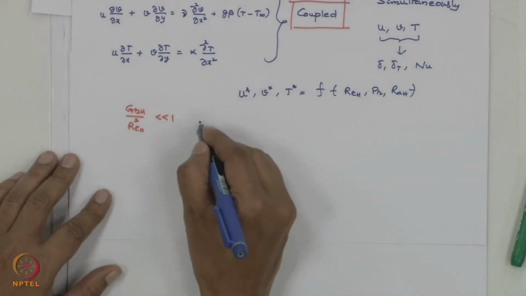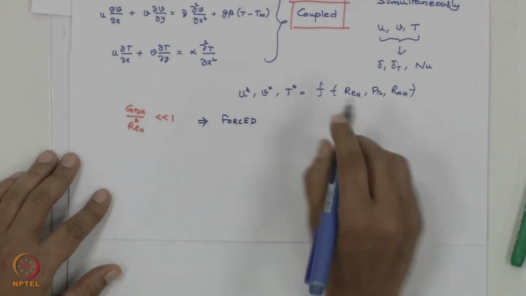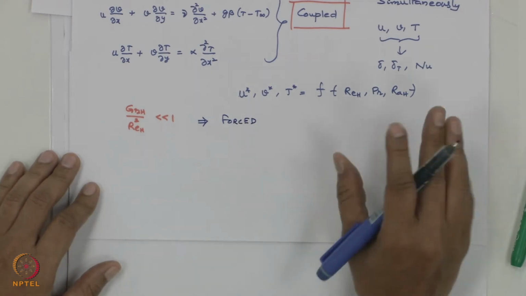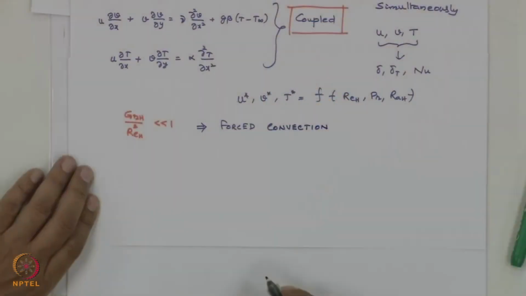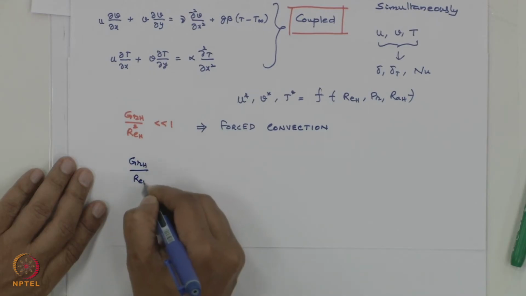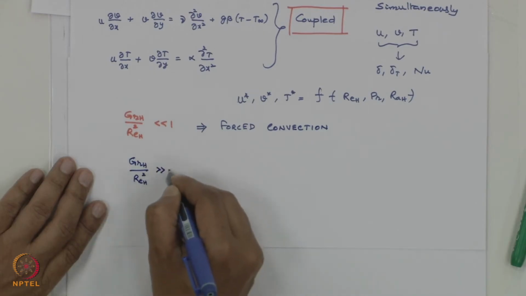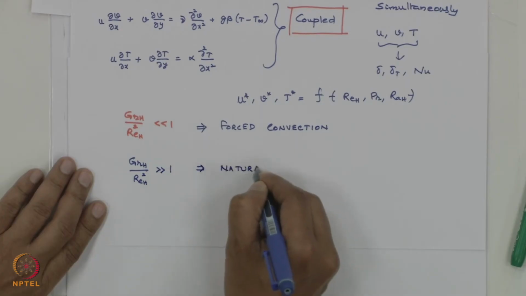That implies, because in real life both forced convection and natural convection would be there, which one is dominating is the question most of the times. So forced convection we can say is dominating when Grashof number by Re squared is very much less than 1, and if Gr by Re squared is greater than 1, naturally it would imply that it is natural convection.